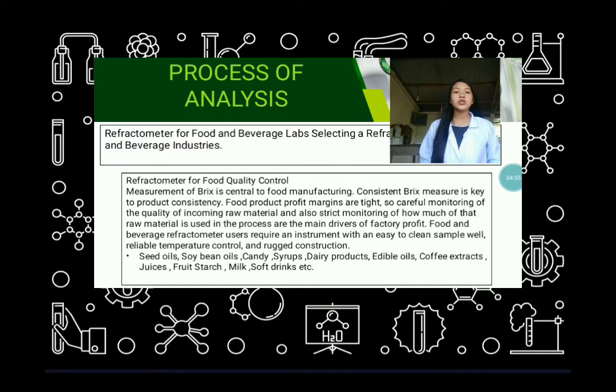Food and beverage refractometry users require an instrument with an easy-to-clean sample well, reliable temperature control, and rugged construction. Examples of food and beverage products are seed oils, soybeans, candy, syrups, dairy products, edible oils, and many more.